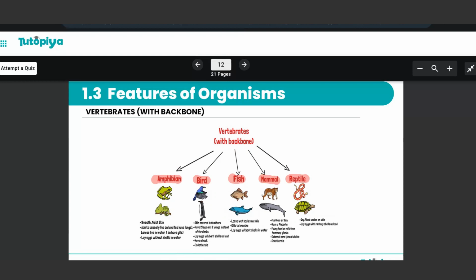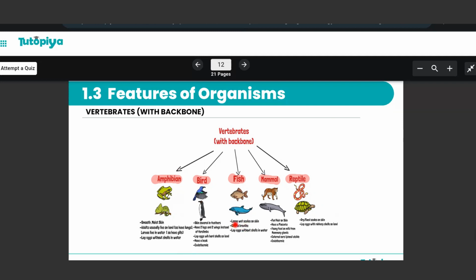And now let's take a look at each of these groups of vertebrates. So let's start with the fish. Now we all know examples of fish. We have sharks and salmon fish and ray fish and so on. So let's take a look at the main features of the fish. So fish usually live in water, right? So they have wet skin.